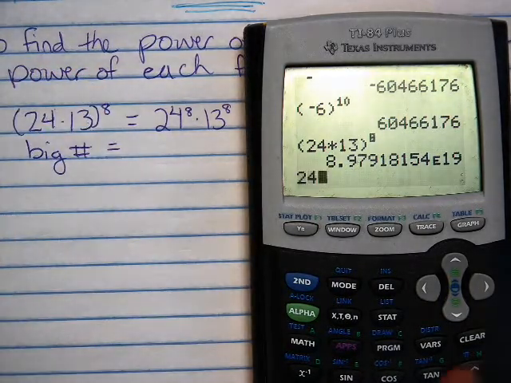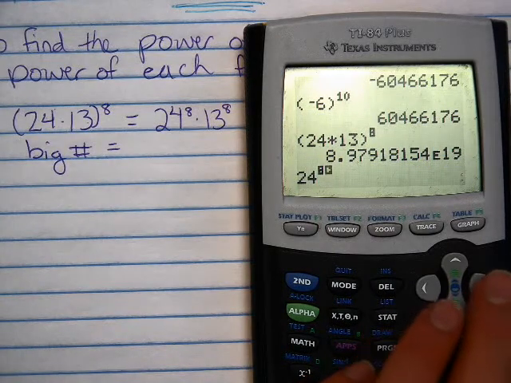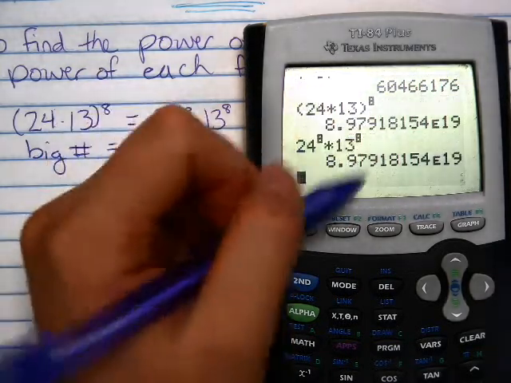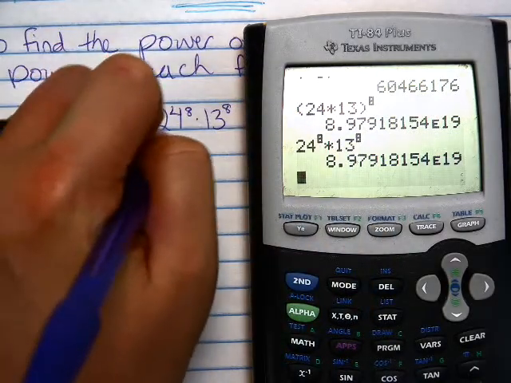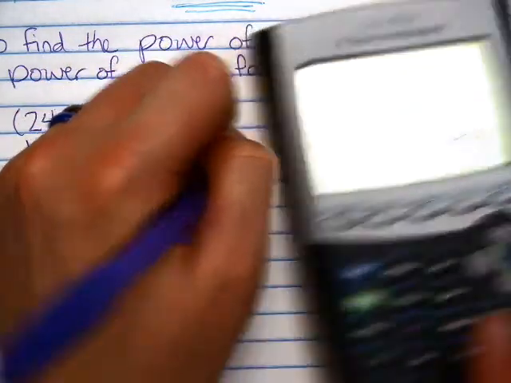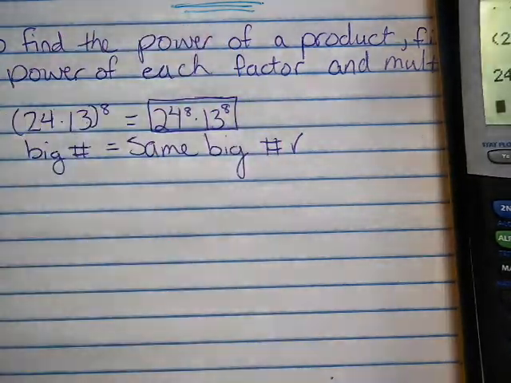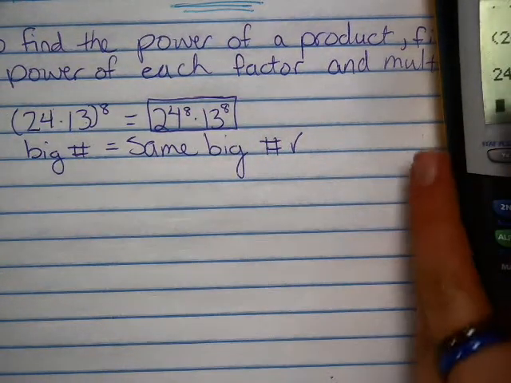And then 24 to the 8th, and we need to remember to use this down arrow or over arrow to get out of the exponent, times 13 to the 8th. And those match, so same big number. So my check works, so this is my answer. So far so good, hopefully.